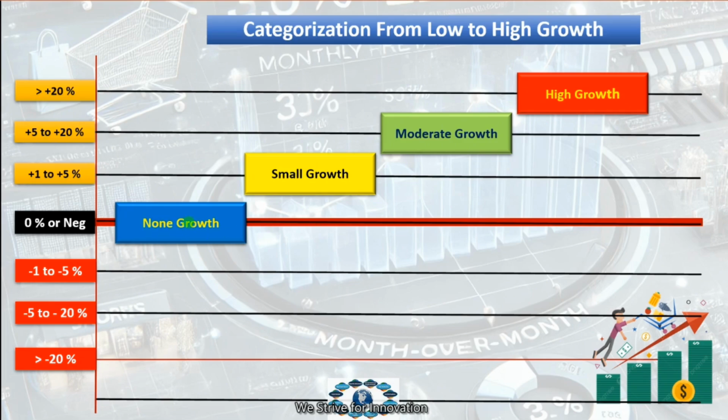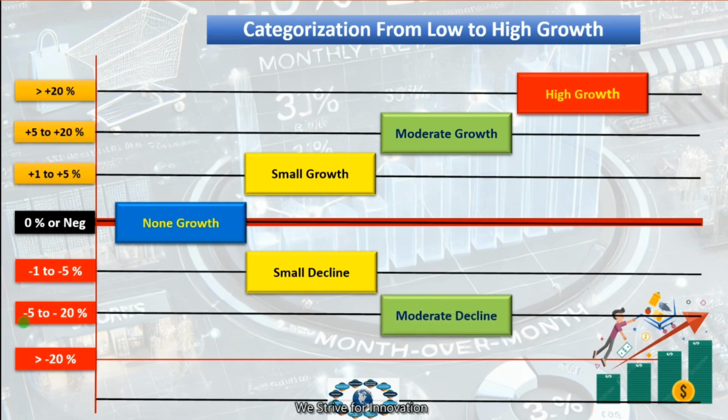Now the opposite. If it is between -1% and -5%, we call it small decline in the sale month over month. Between -5% and -20%, moderate decline. Bigger than -20%, high decline.